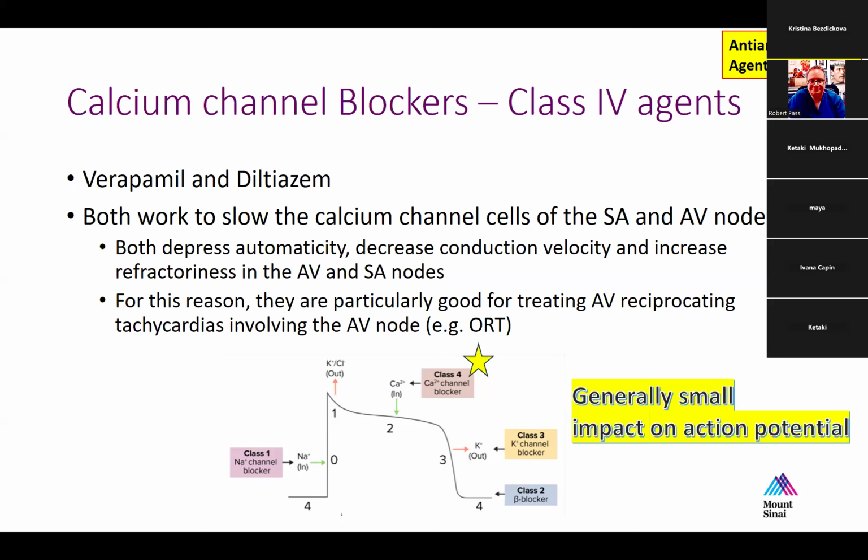Prior to that, pretty much everybody beyond a year or two of age got verapamil to terminate SVT, and it would be given as an IV push. Typically, push is a little overstated because it causes hypotension, but it would be given over a couple of minutes, and then oftentimes 5 to 10 or 15 minutes later, it would work. So it used to be used quite a bit more commonly.